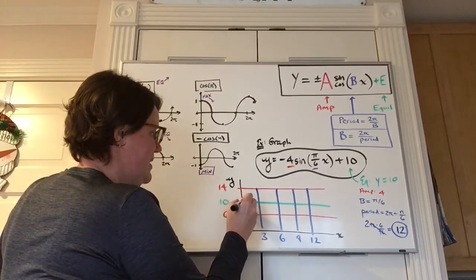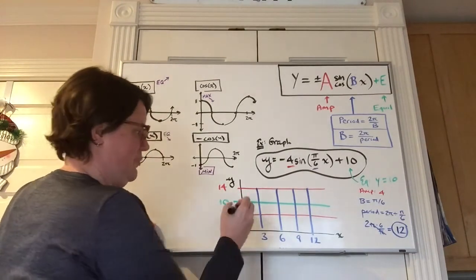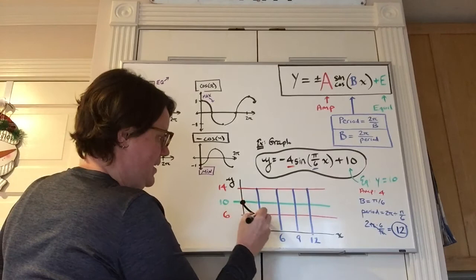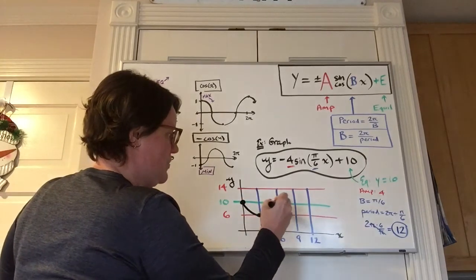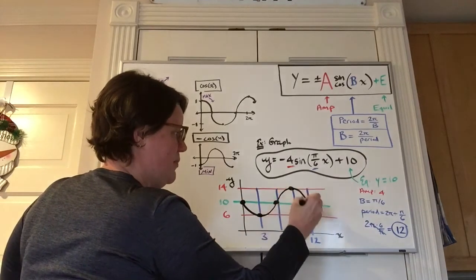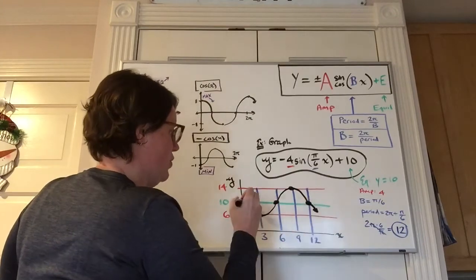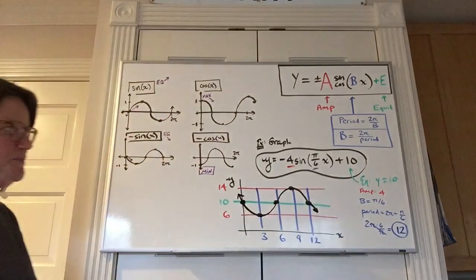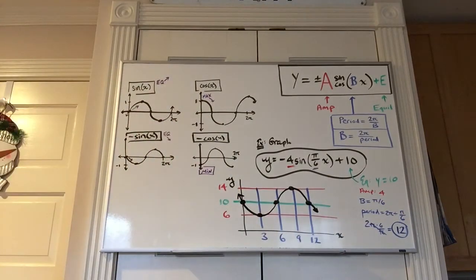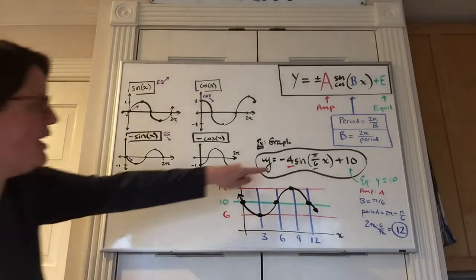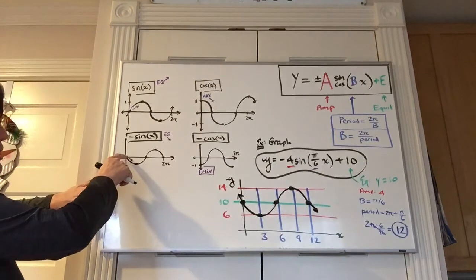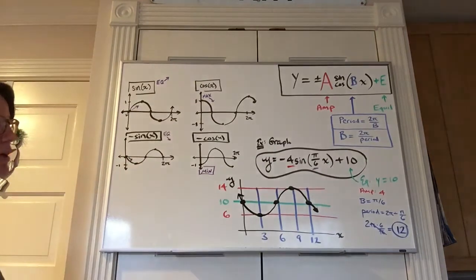So, because it is negative 4 times the sine of blah, blah, blah, I'm going to start at equilibrium and head down to my minimum, back up to equilibrium, up to my maximum, back to equilibrium, and I will have closed out the cycle. So, it's a whole lot of stuff, but you'll notice the only new thing today is that because there is a negative in the front, I started at equilibrium and I headed down.